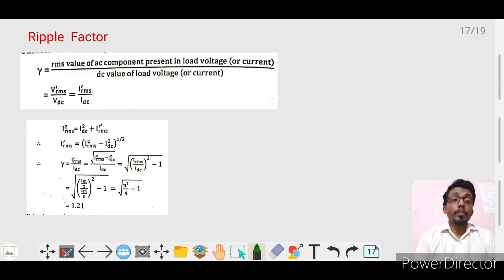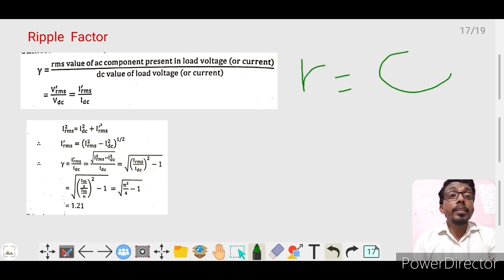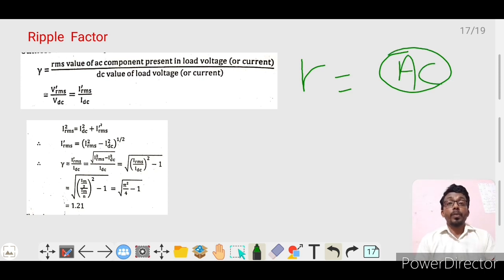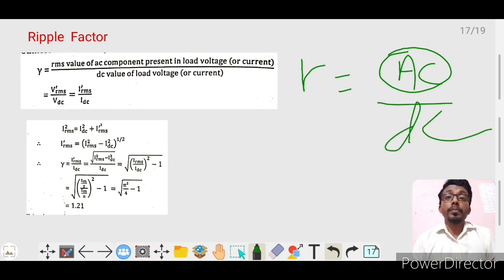Now the ripple factor. Ripple factor is nothing but the AC component present in our output. It is represented by gamma. What we want is only the AC component, no mixture, divided by the DC component.